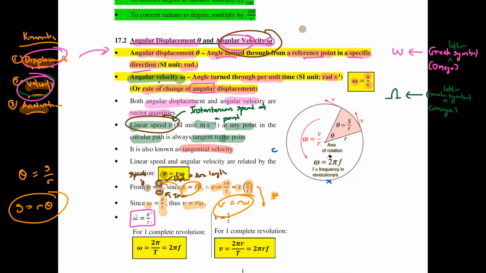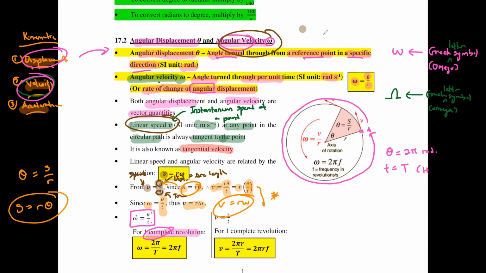Specifically, if you consider something that moves in one complete revolution, meaning something that starts from point A and moves all the way back to point A itself, and I ask you what is the angle covered for one complete revolution, it will actually be 2 pi radians. And the time taken is actually your period.